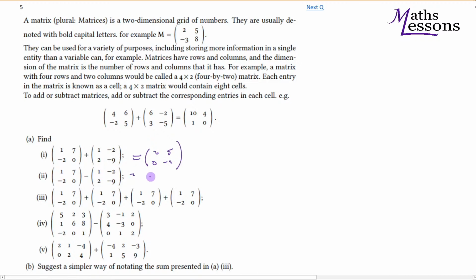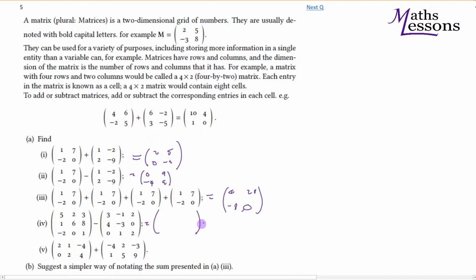On here, 1 minus 1 is 0, 7 minus 2 is 9, minus 2 is minus 4, and 0 minus 9 is 9. And here we've got the joy of adding this up 4 times, so we're going to get 4 here. Add up all these 7s, we get 28. Add up all these minus 2s, we get minus 8. And add up all the zeros, you get 0.